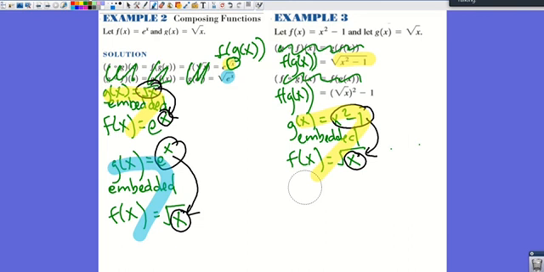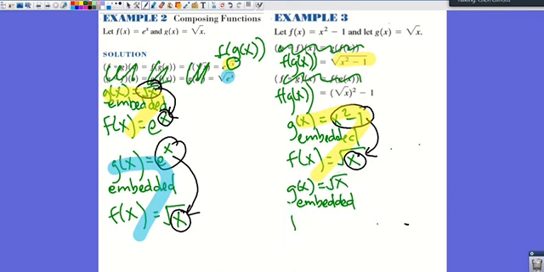Let's use that same logic over here. Again, this is probably overkill, but I'd rather be safe than sorry. This is going to be g of x. Sorry, I'm tripping out. We're going to embed that within, and we're going to call that root x.